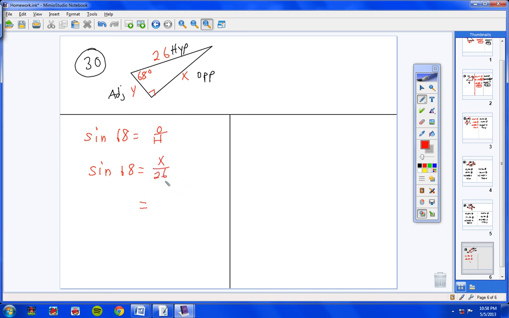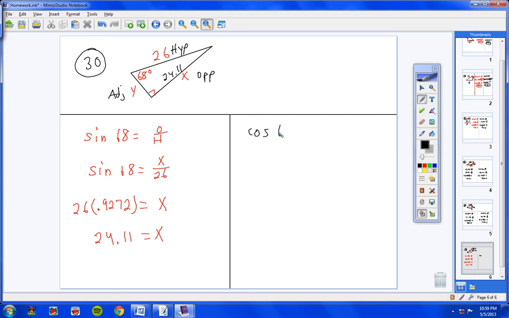Now we're going to multiply the right side by 26, so you're left with x. We multiply the left side by 26, so we have 26 times the sine of 68. The sine of 68 is 0.9272. Multiply those two numbers together and you will come up with 24.11. And that's x. So the length of this side right here is 24.11.